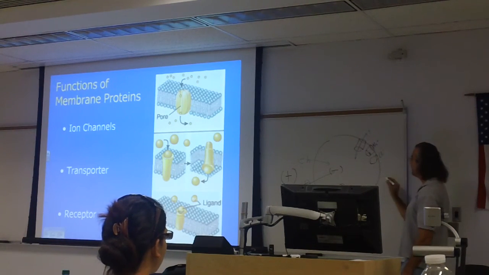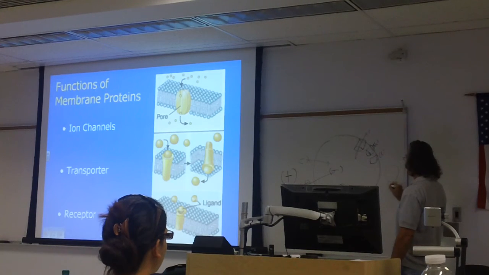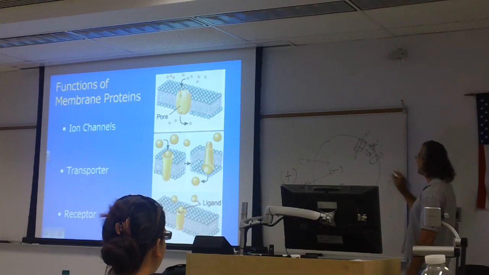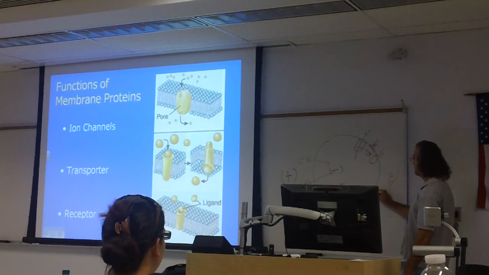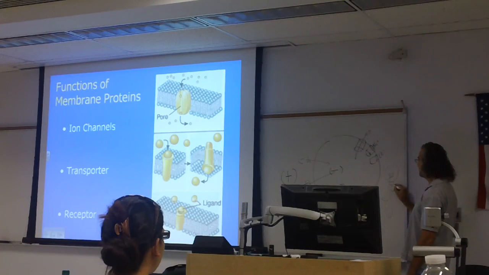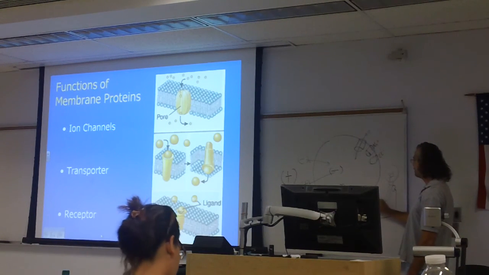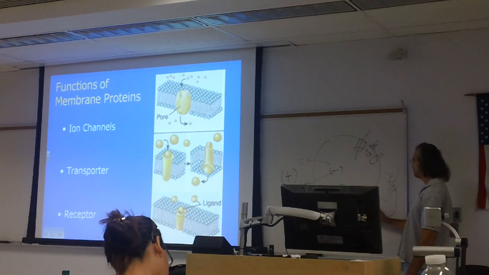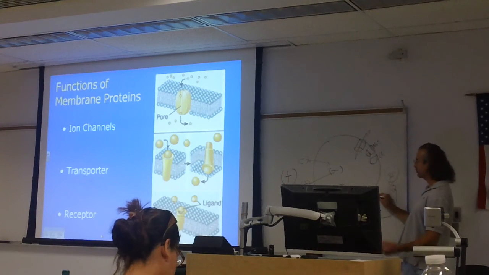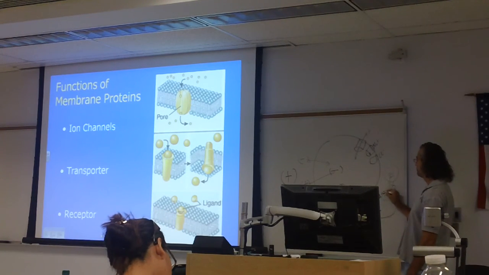So how do I send a message from your little brain down to your cell? A couple ways I can do that, right? I can do it through a neuron. Or I can do it by the release of chemicals from a gland. And those chemicals are called hormones. So I can do it with hormones, chemically, or I can do it electrically with the nervous system.